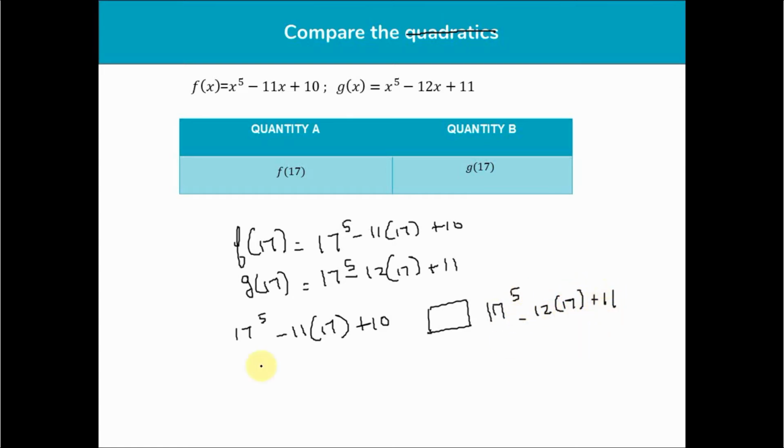I have the same quantity on both sides, which means I don't have to compare 17 power 5, they're equal. So I'm left with minus 11 times 17 plus 10, and I just have to compare it with minus 12 times 17 plus 11.